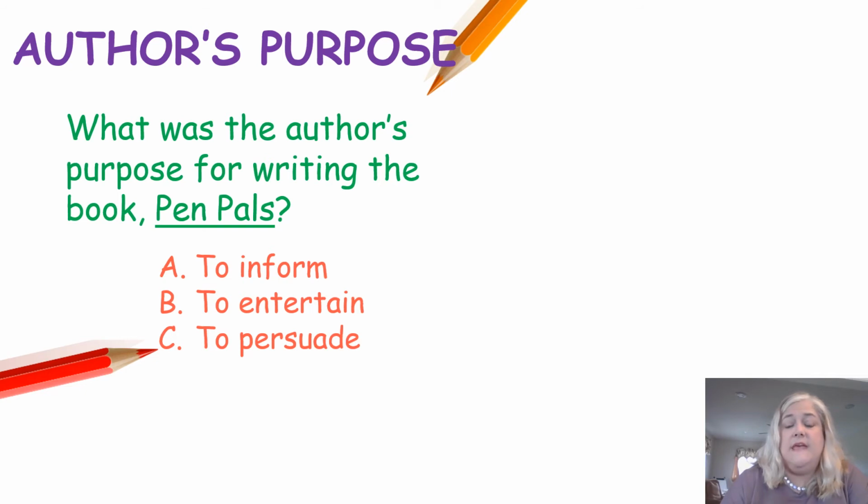Was it A, to inform, B, to entertain, or C, to persuade? If you said entertain, you're absolutely right. Pen Pals was a story and it was just meant for us to enjoy it, and I think we all did. Let's now look at our text for this week.